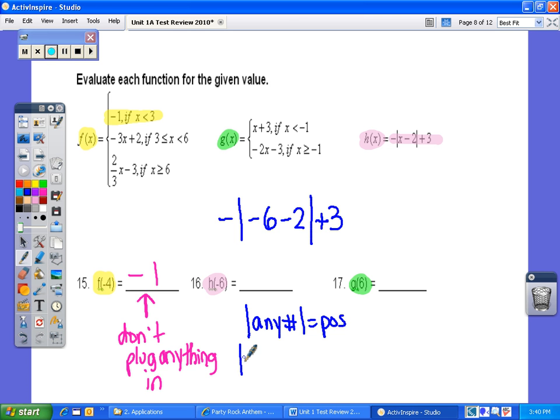So if you have a negative number inside, it equals a positive number. If you have a positive number inside, it's still positive. Absolute value stands for distance. It's how far something is from 0. So when we work this out, we get -8 inside. Well, -8 is 8 units away from 0 to the left. So we're going to change that -8 absolute value to equal just regular old 8.